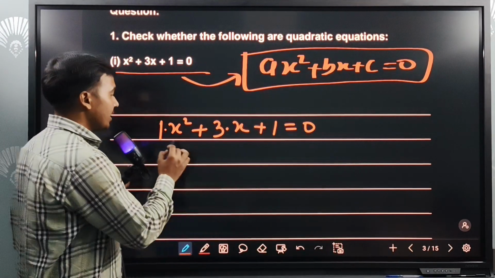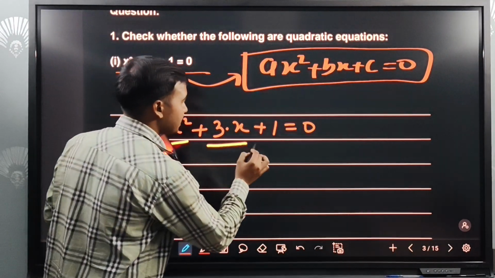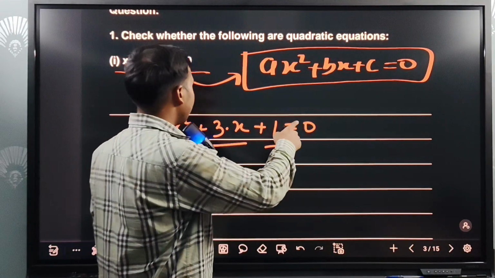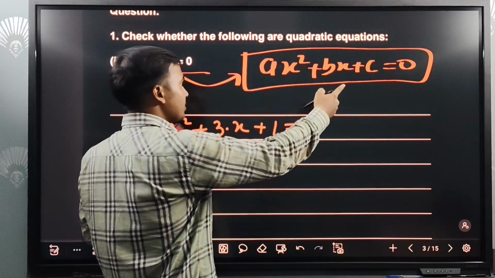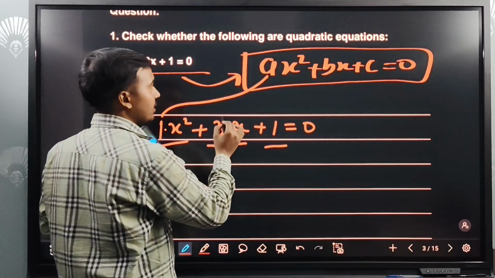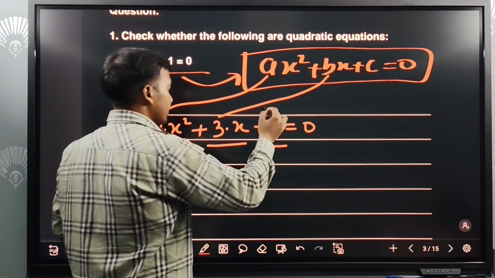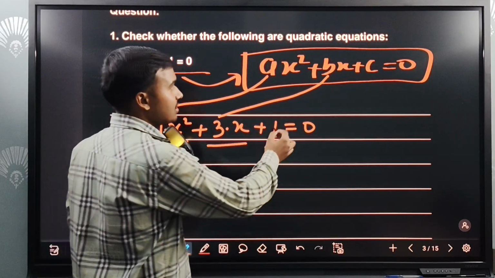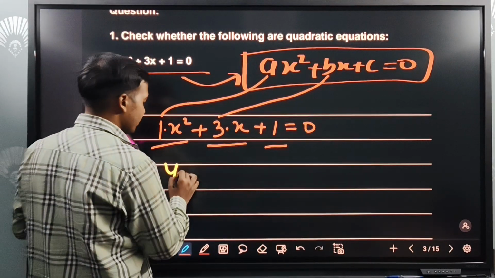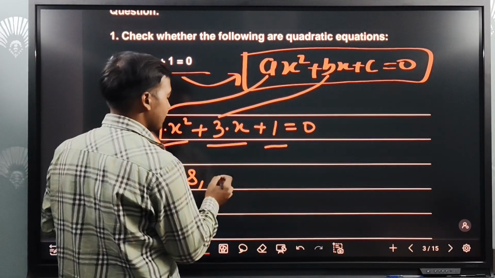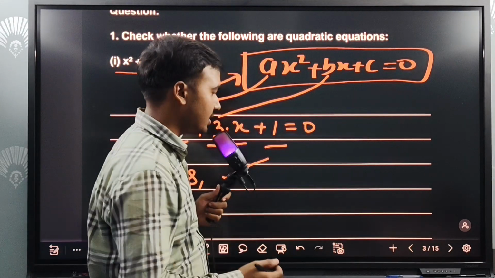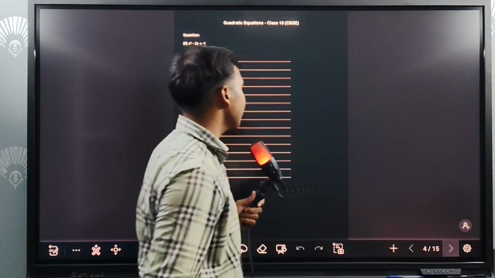Here we can see that it is of the form ax square plus bx plus c, where a is the coefficient of x square, b is the coefficient of x, and c is the constant term. Instead of a we have 1, b is 3, and c is 1, which is a constant term. So we can say that yes, this is a quadratic equation. Moving towards the next question.